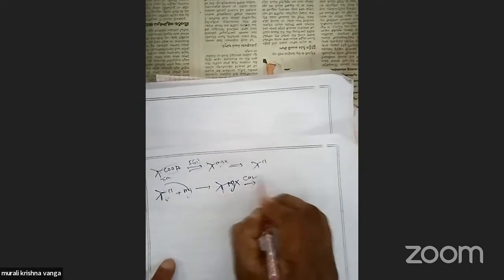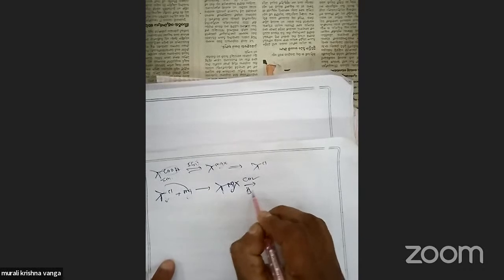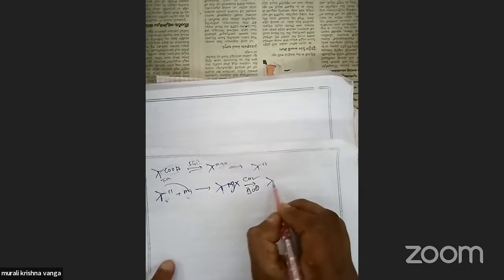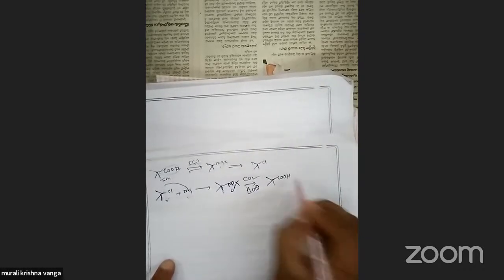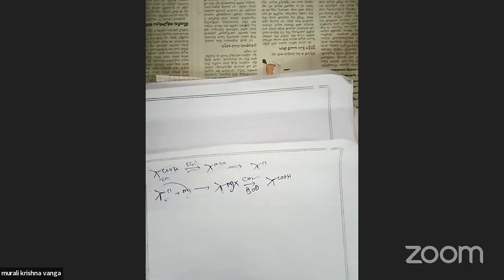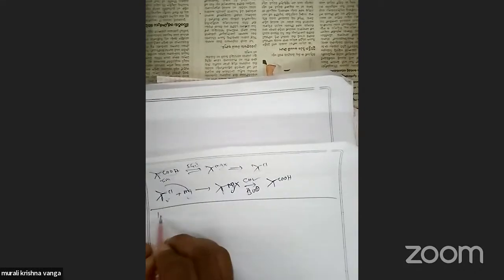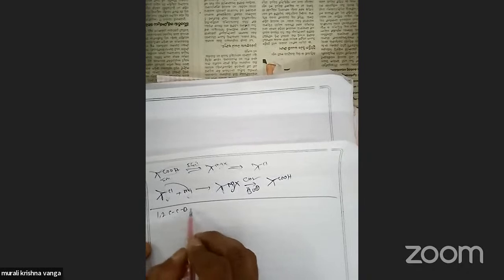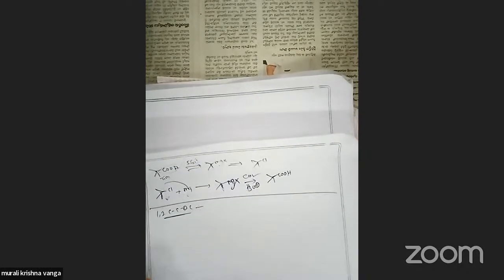When this Grignard reagent reacts with carbon dioxide and water, it is converted into a carboxylic acid as the product. The next example is 1,2 C-X disconnection.